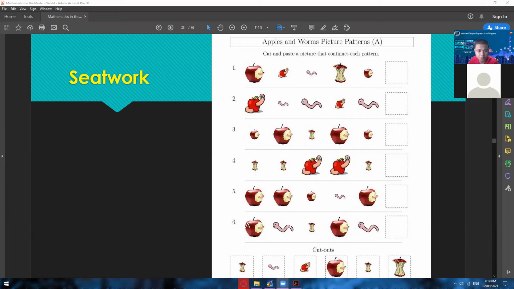So most of you have an answer of C in 1. What about number 2? So it's like 2B. Okay.